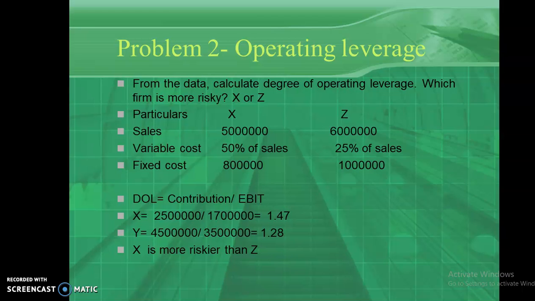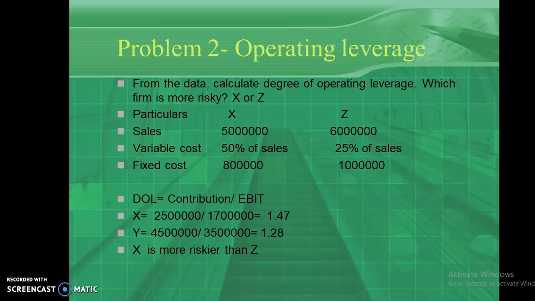Let's look into the second question of degree of operating leverage. From the data, calculate degree of operating leverage. Which firm is more risky, X or Z? So three columns given here, particulars X and Z. Under the particulars, sales is given, total amount for X, total amount for Z, both are given. 50 lakh and 60 lakh respectively given.